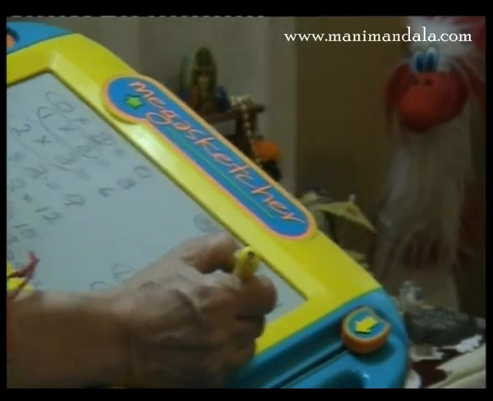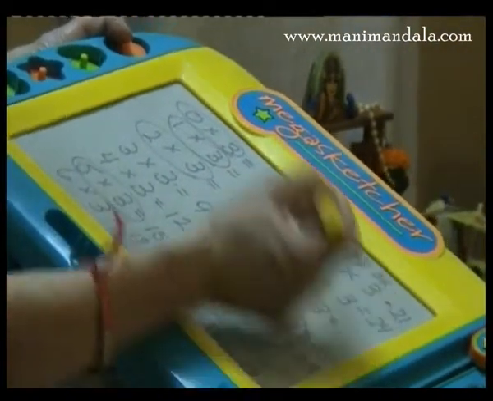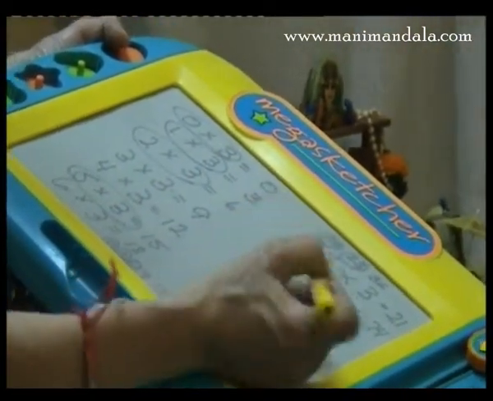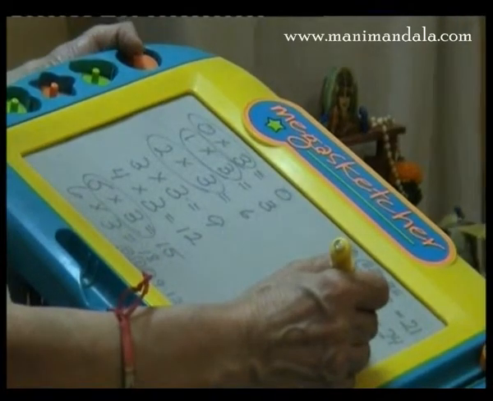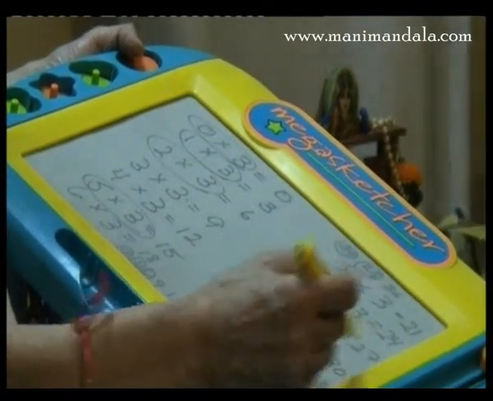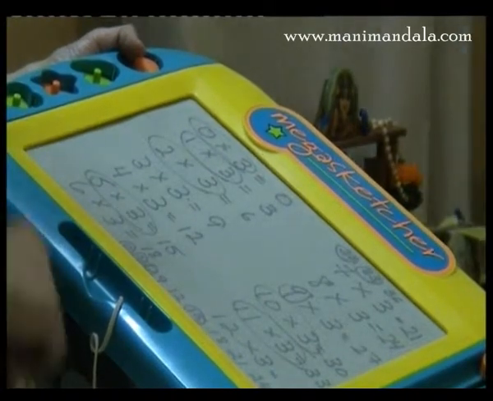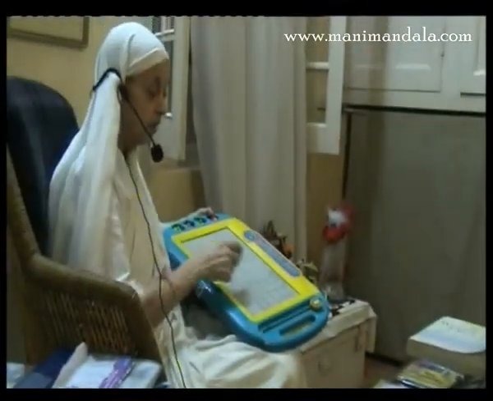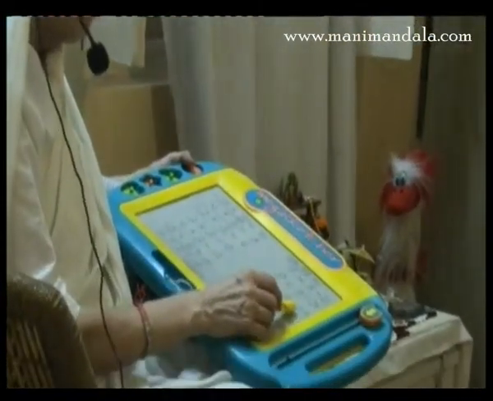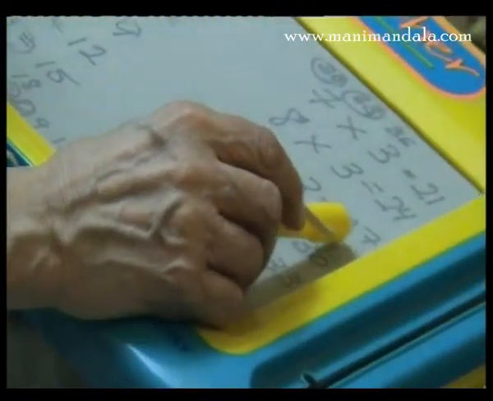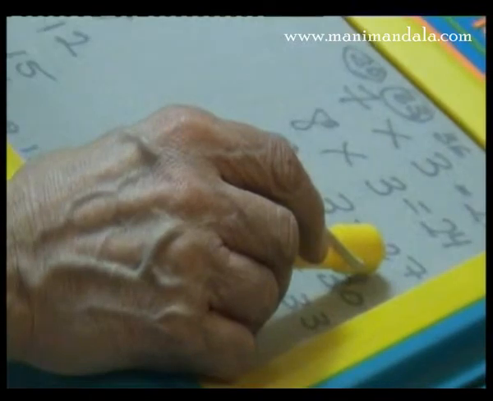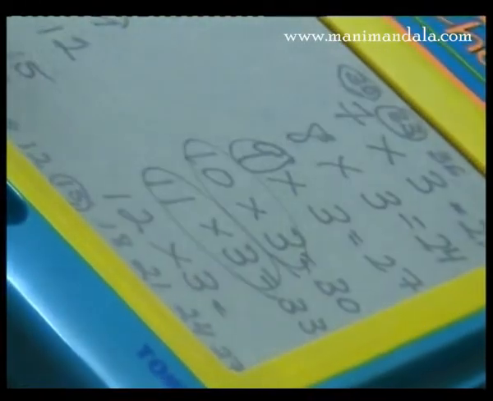Okay, here's our 9. Check that one out. 27. What does a 2 and a 7 mean? Amazing. 9. That's our cross check. If you have 9 as one of your factors, then the product has 2 numbers that add up to 9. And you'll see how it goes in reverse too.